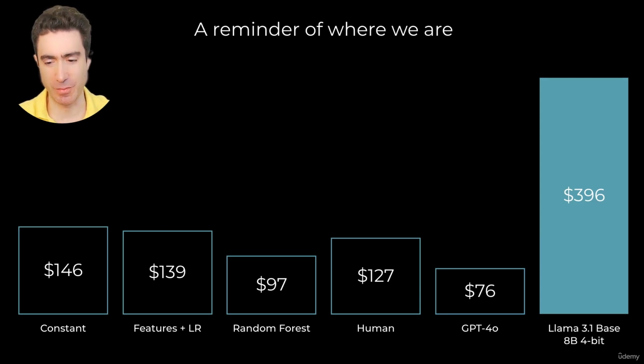The question is, remember, GPT-4 is a model that has trillions of weights. GPT-4 had 1.76 trillion. GPT-4o, it's not known, but it's considered to be much more than that. So a huge number of weights. Llama 3.1 base has 8 billion weights, and we have reduced them down to 4 bits.